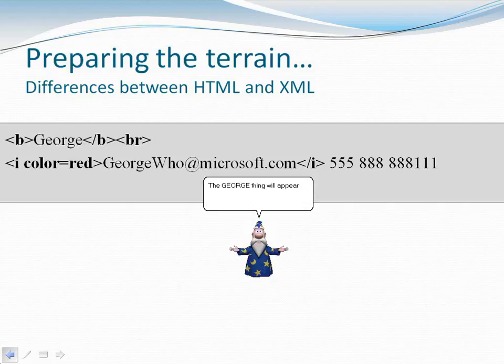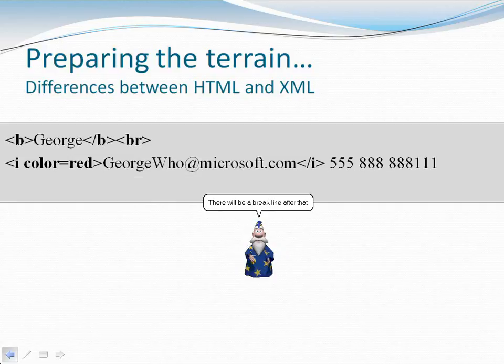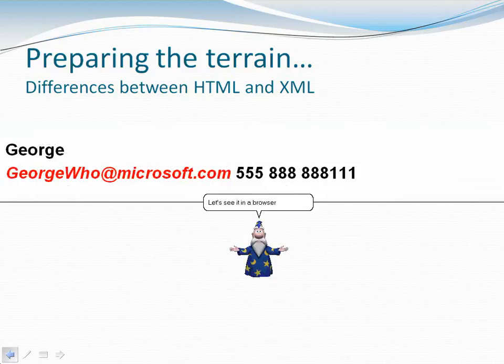The George thing will appear in bold when you see the code in a browser. And there is more. There will be a break line after that. And the georgiuho@microsoft.com thing will appear in italics color red. And what about the number at the end? It will look like plain text. Let's see it in a browser. There you have.